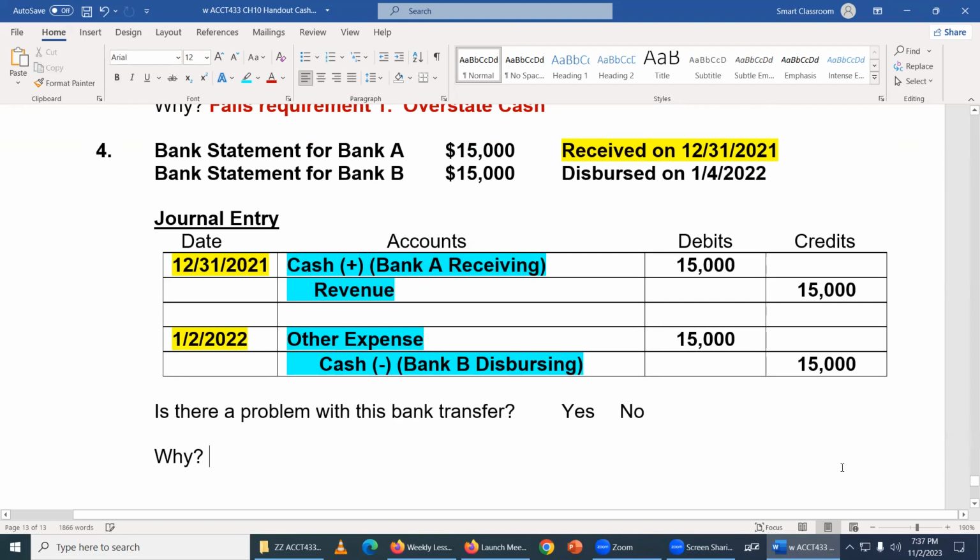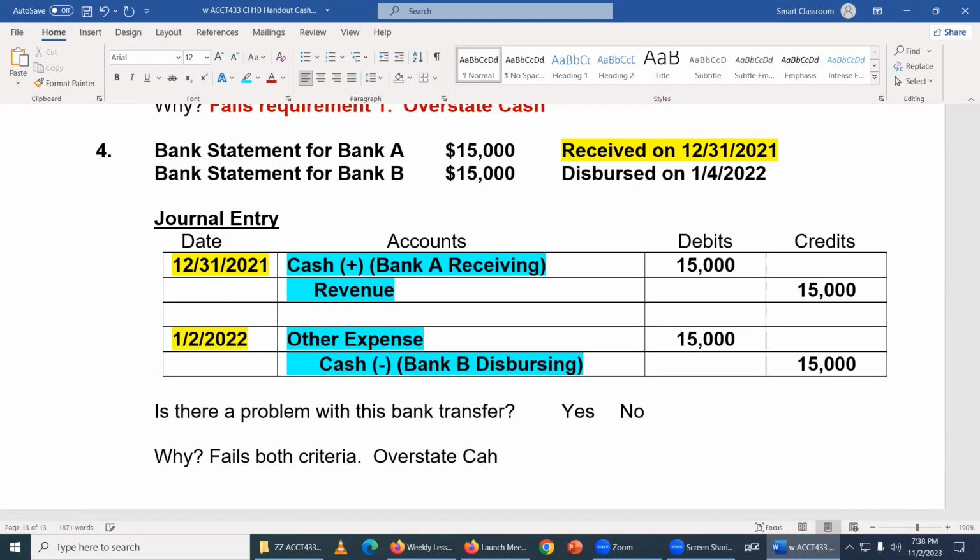And this is a classic one when they're trying to make their books look better than they really are. Both criteria, yep. And this will overstate cash, oops, and revenues.